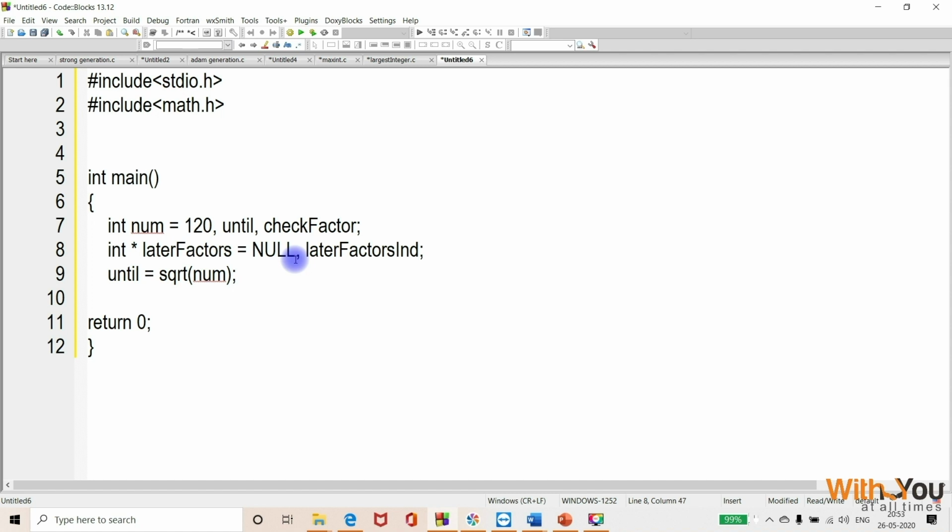Always have an array declared and any index for that sit next to it so that everybody can understand later factors ind. It means it is an index that is going to be applied on an array called later factors.